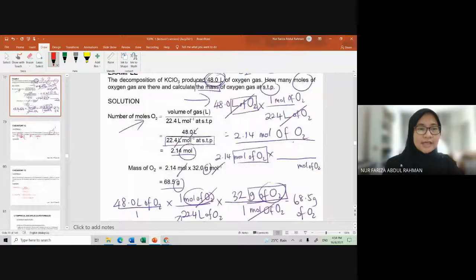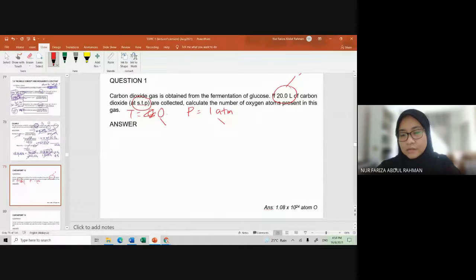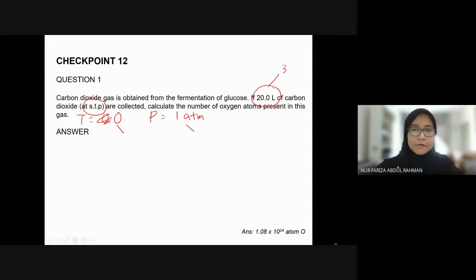Alright, so let's discuss the answer, guys. Given is that carbon dioxide is obtained from the fermentation of glucose.